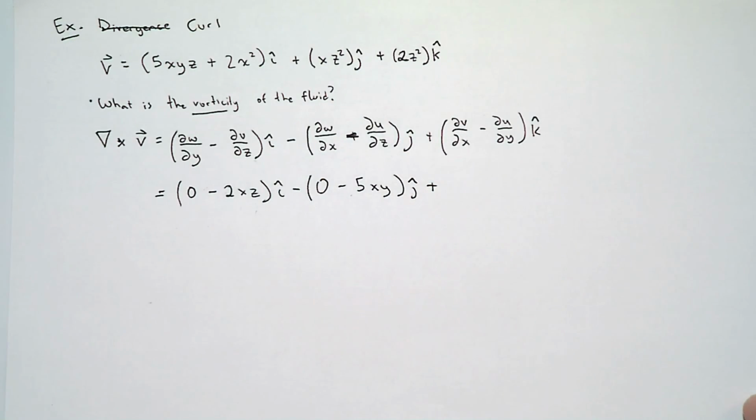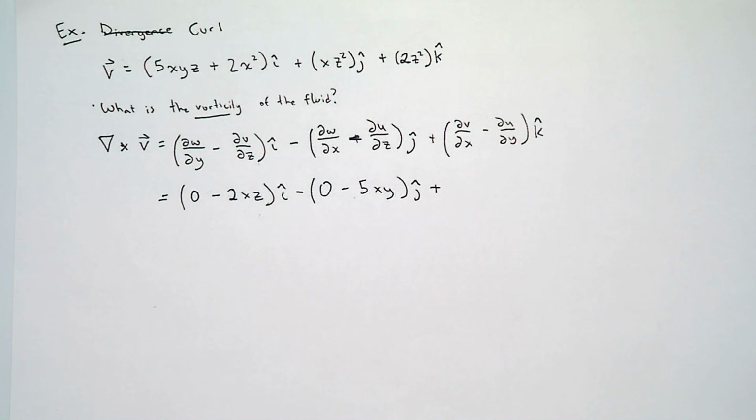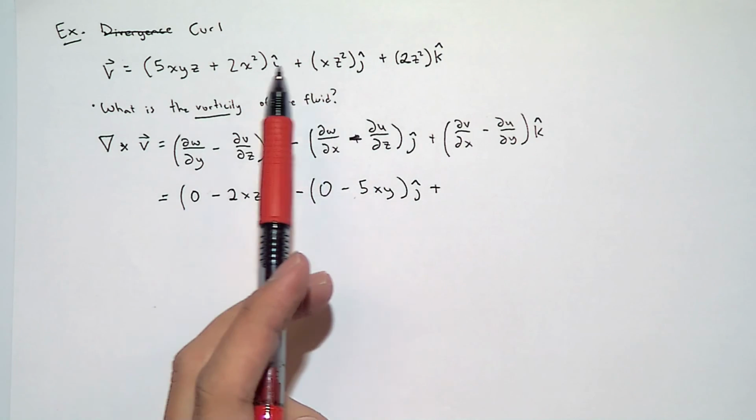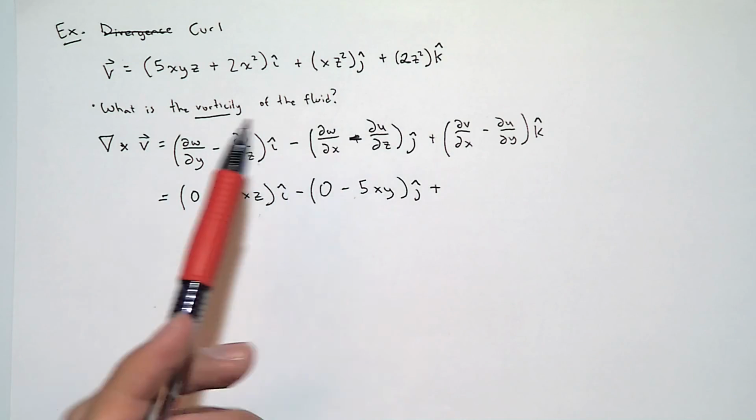Can you tell me the derivative of the y component of velocity with respect to x? Let's go with Mohammed. Let's try again. Which of these three is the y component of the velocity? xz squared, right?